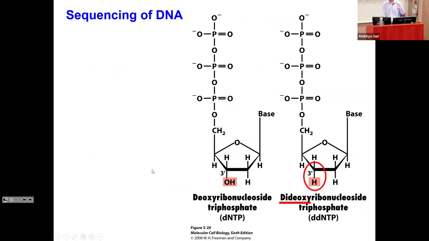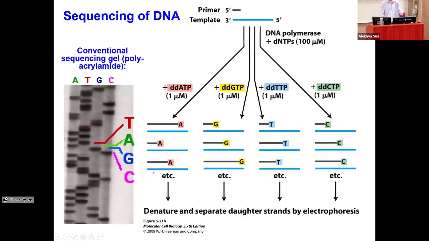When you add this modified nucleotide at a low level, it will stop synthesis in various DNA fragments at various sites. So what you obtain on the left side is a ladder of different fragments, of bands.